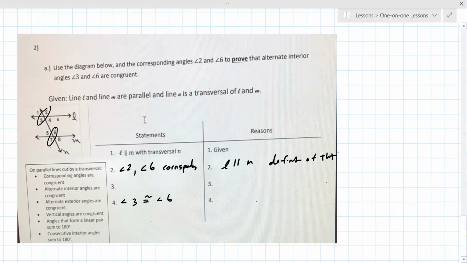So a lot of times you use the word definition in your proof, in your reason, like it's a commonly accepted thing. You can also say now that angle 2 is congruent to angle 3 and angle 6 is congruent to angle 7. That's because vertical angles are congruent.